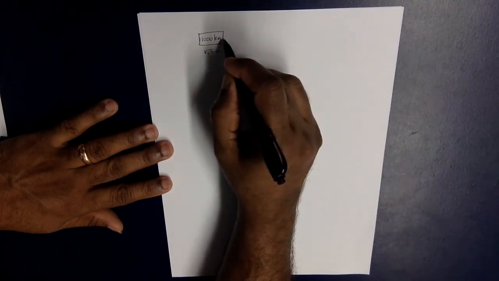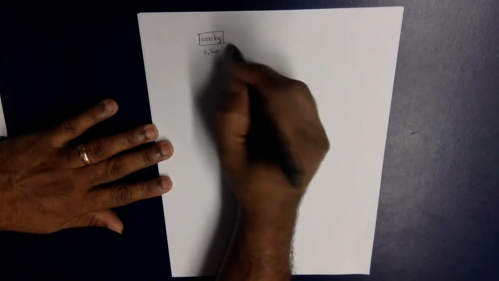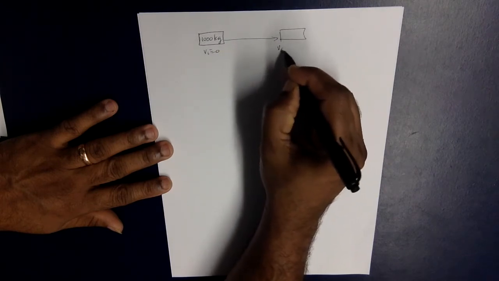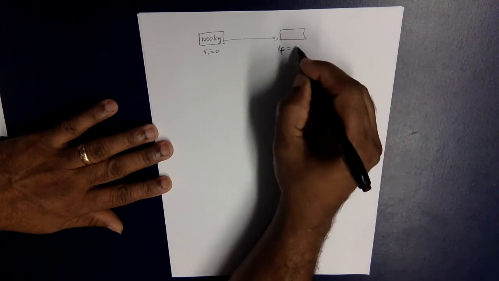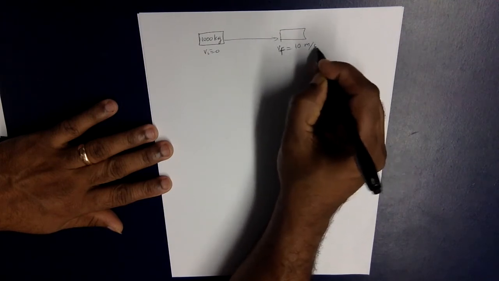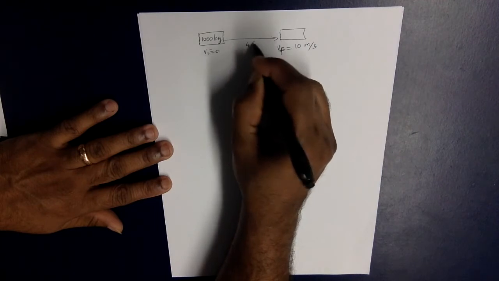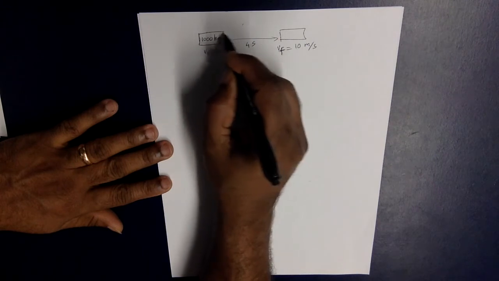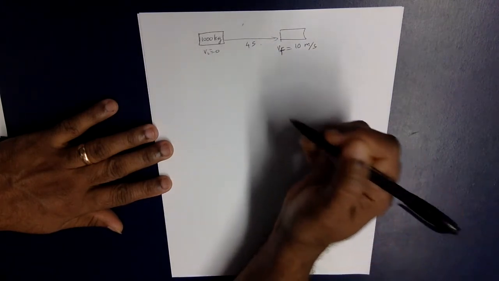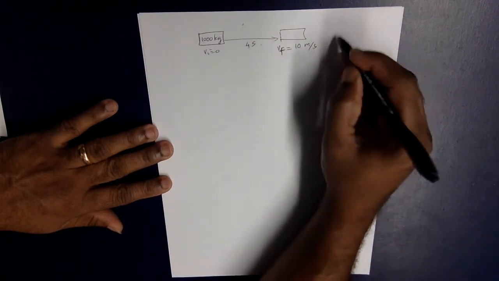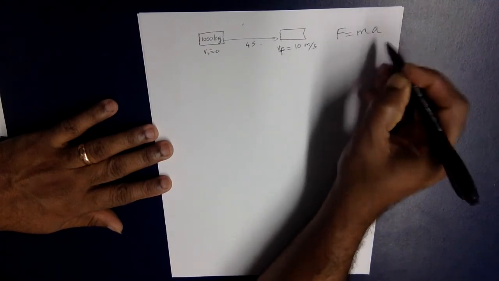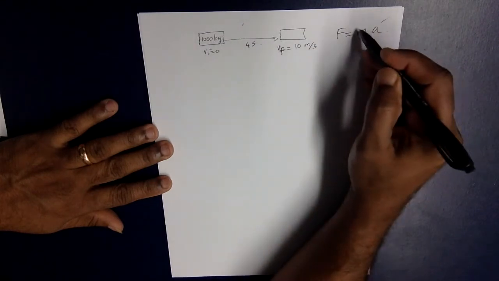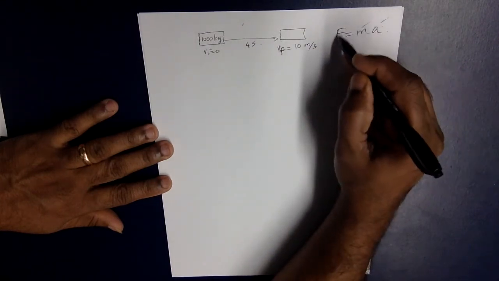And if it is told to you that it reaches a final speed of 10 meters per second in 4 seconds. The question is, what is the force that is pushing it? The question is asking for force, but force is mass times acceleration. Because mass is given to you here, if you can get the acceleration, you can use the mass and acceleration and find the force.